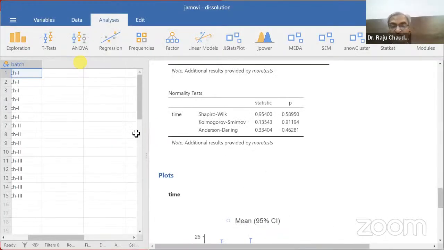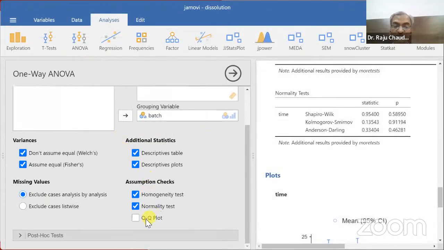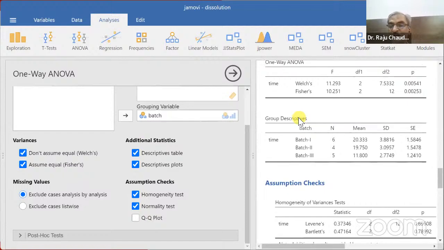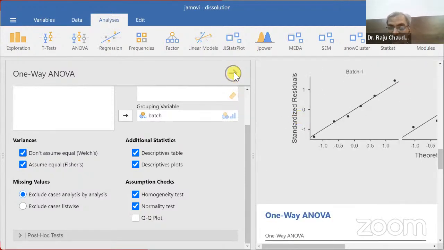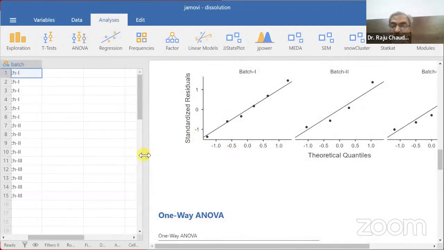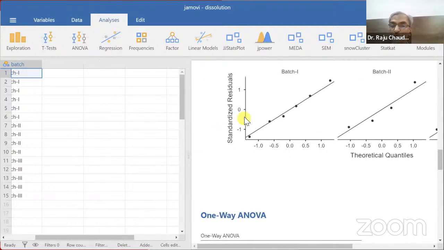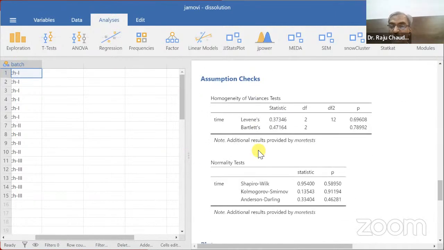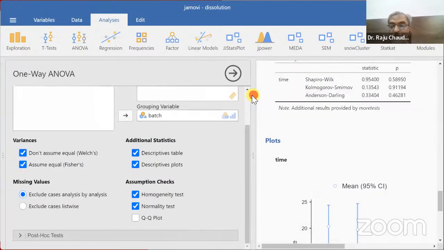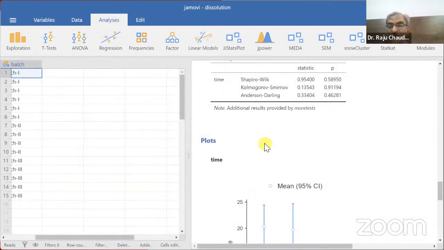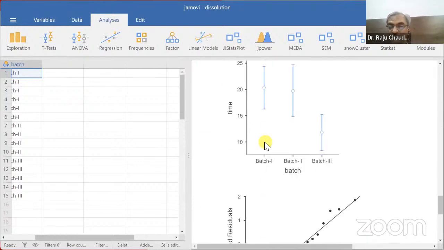One more is the QQ plot. Earlier we plotted the QQ plot batch-wise, but if you want to compare for the whole data, we can have a QQ plot for the entire data.